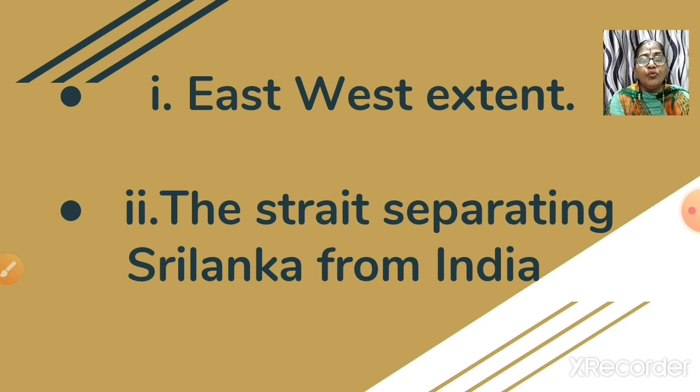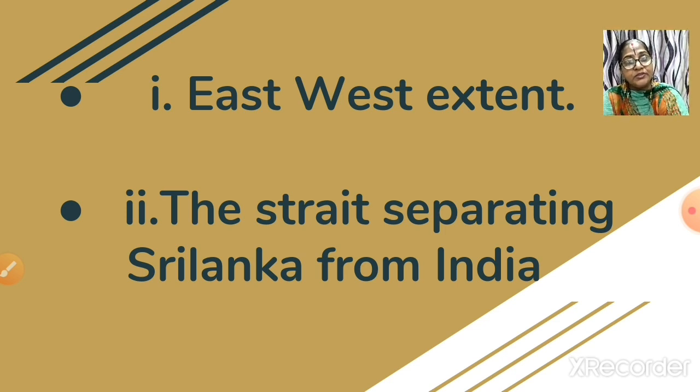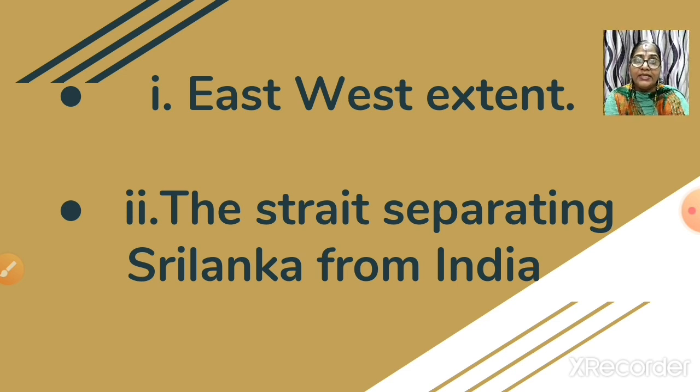Question number C, the question given here is, on the outline map of India, locate and label the following. We are using small Roman numerals over here. The first is the east-west extent, and the second is the strait separating Sri Lanka from India.